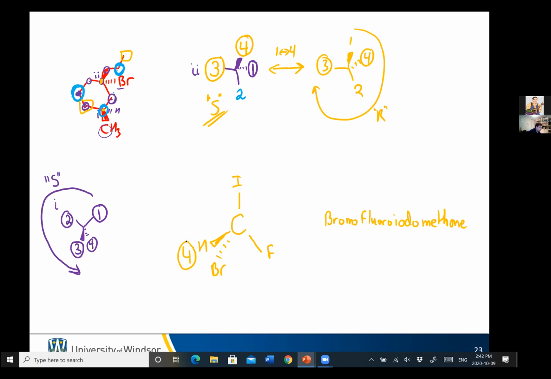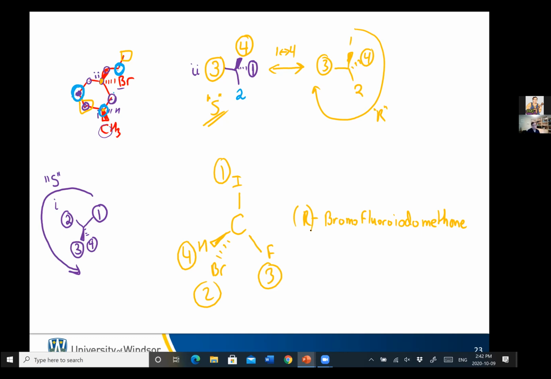So that is 4. That is 1, 2, 3 based on weight. It's R. So that's R-bromofluoroiodomethane. But I wouldn't say that this is an R molecule. I would say, hey, I've got some R-bromofluoroiodomethane. Do you want some? And you would say, that sounds really dangerous and bad for the atmosphere.